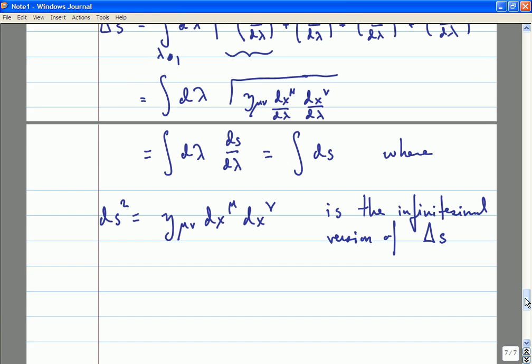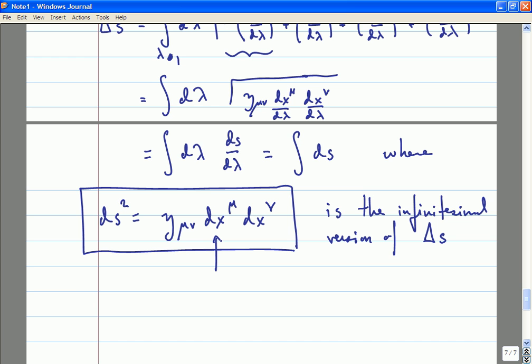So in this formula, dx mu refers to some sort of infinitesimal displacement of the coordinate x mu, and ds refers to the resulting change in the invariant interval.